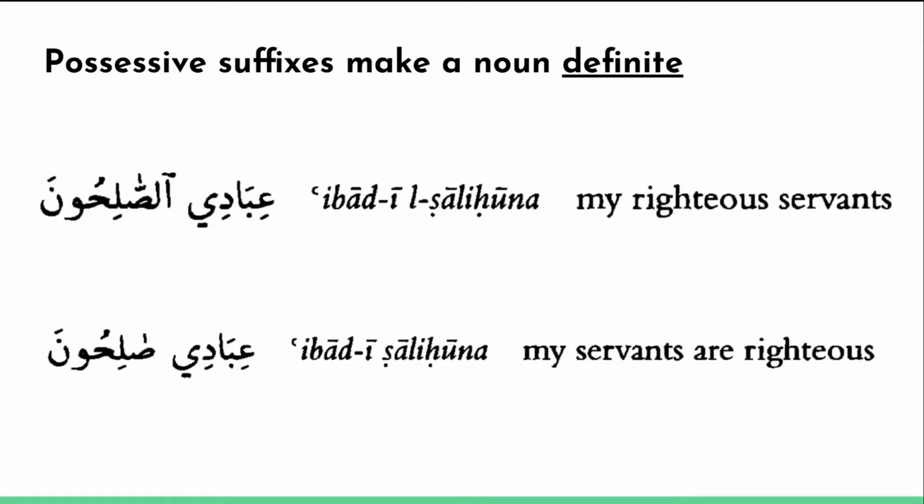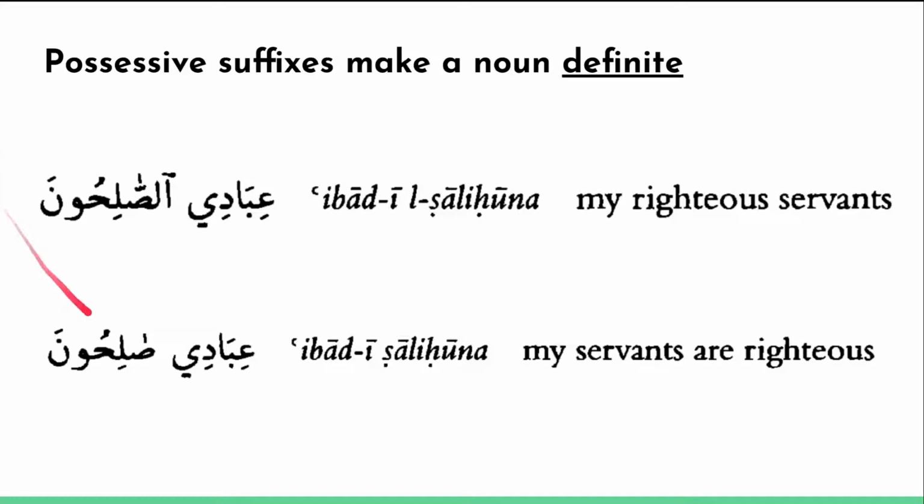And so when I'm using an adjective, I of course have to use the definite adjective. What happens if I don't use the definite form of the adjective? What if I just say ibadi salihuna? Well, going all the way back to lesson 1, what we said was if you follow a definite word with an indefinite adjective, then it forms a complete sentence. Then you're saying, my servants are righteous. Ibadi salihuna. My servants are righteous.